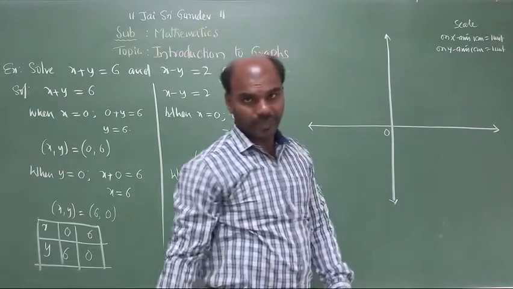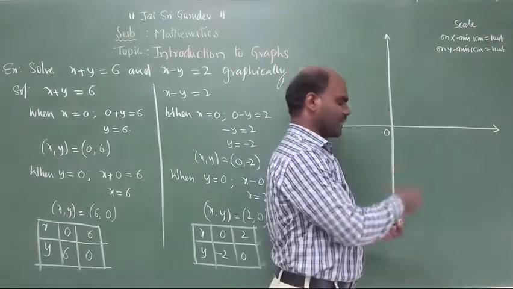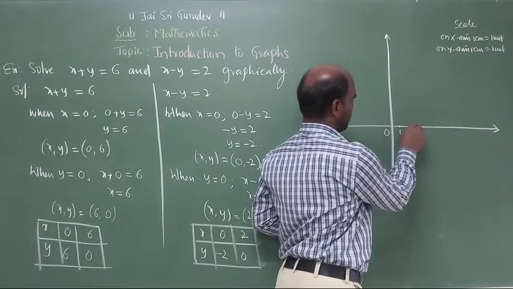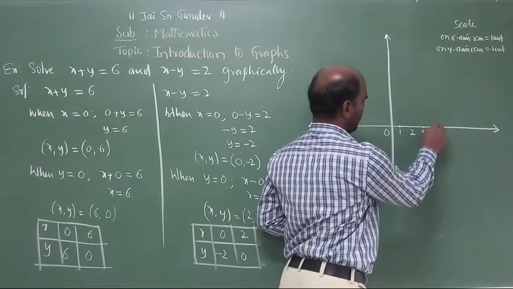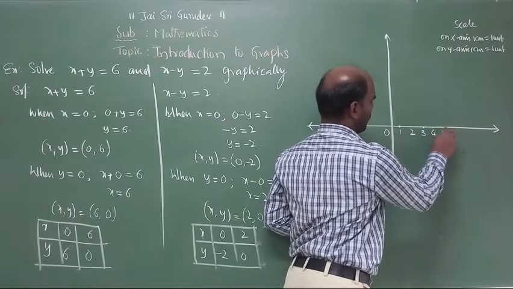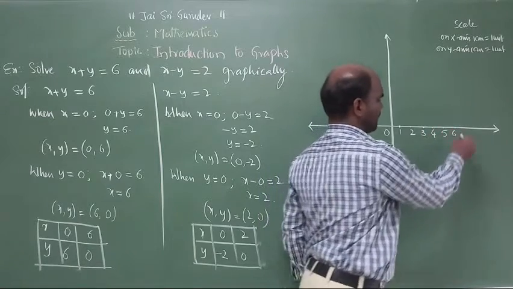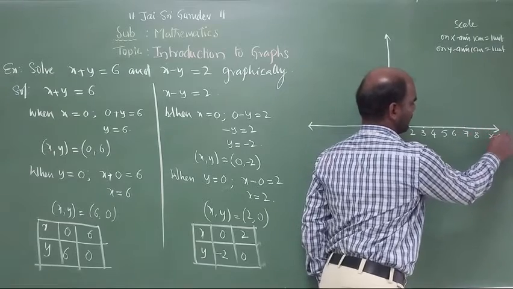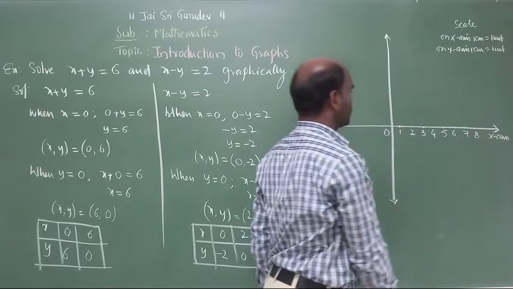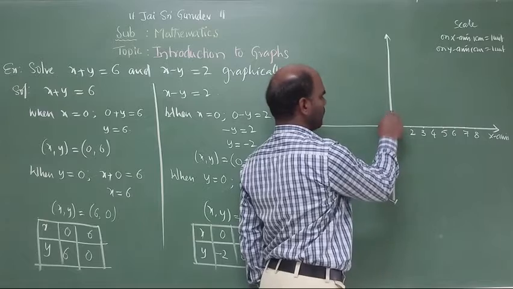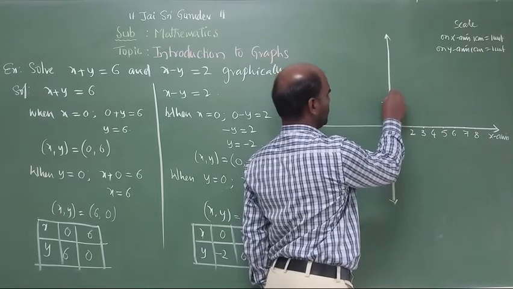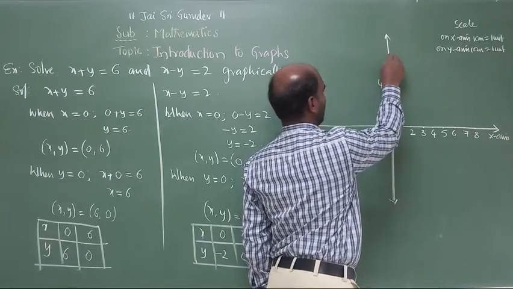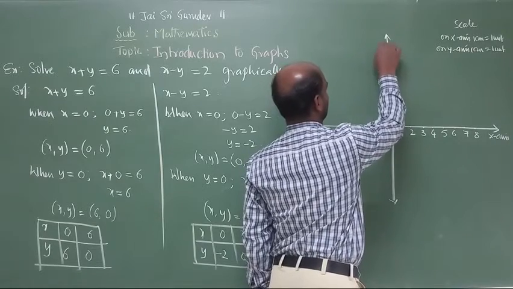Yes, so based on this, when you take the x axis values, here it is 1, 2, 3, 4, 5, 6, 7, 8. Next, on the y axis 1, 2, 3, 4, 5, 6, 7.